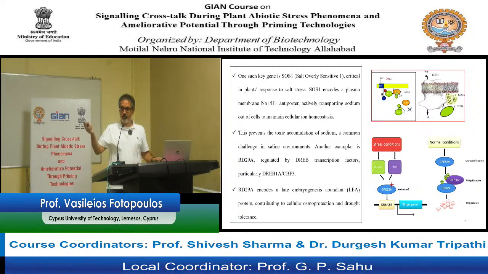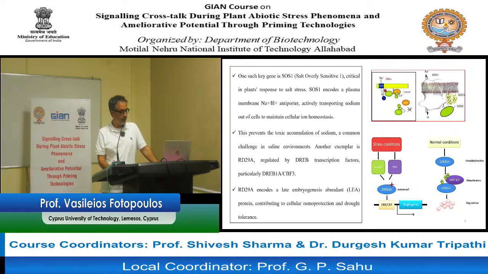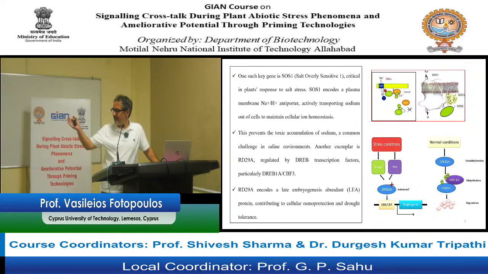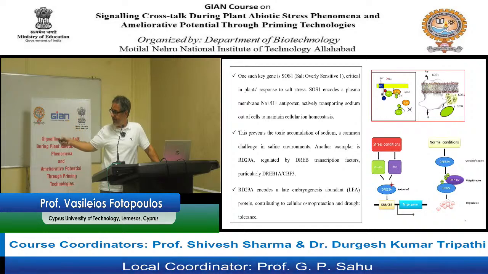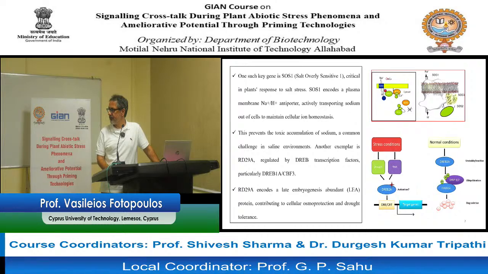And another example is RD29A, which is a gene that is regulated by the previously mentioned transcription factors, and specifically DREB1A. So again, here we have the regulation of a directly regulatory transcript for the response to saline environments.